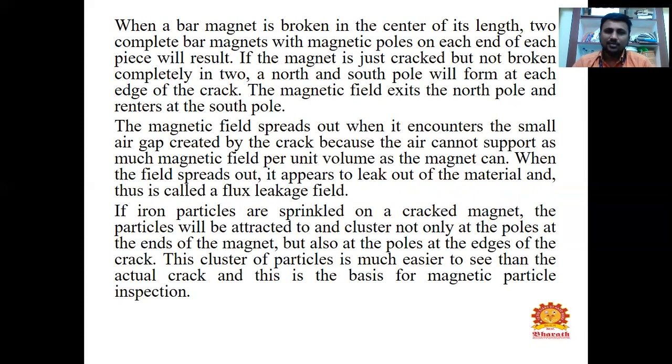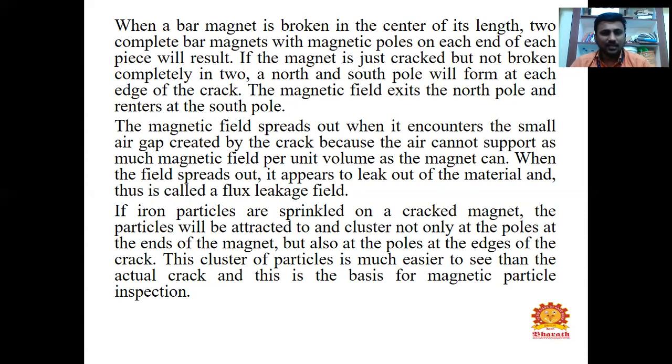The magnetic field spreads out when it encounters the small air gap created by the crack, because the air cannot support as much magnetic field per unit volume as the magnet. When the field spreads out, it appears to leak out of the material and thus is called the flux leakage field.